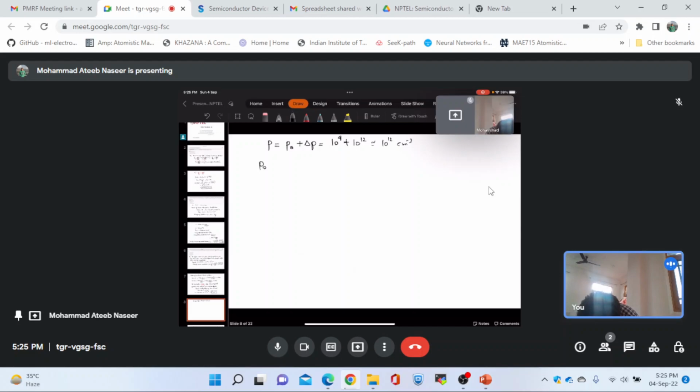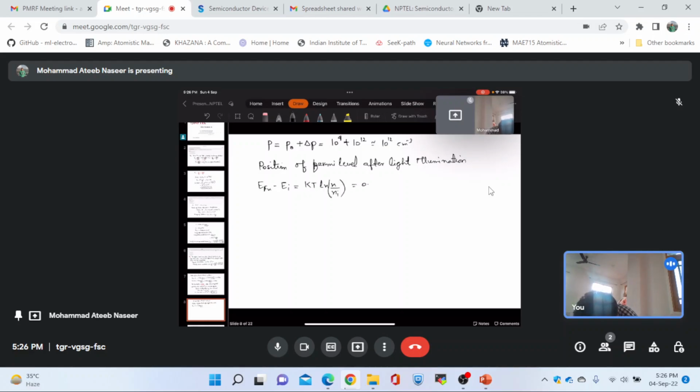Now, the position of the Fermi level after light illumination is simply EFN minus EI equal to KT ln of n by Ni, not n naught by Ni.